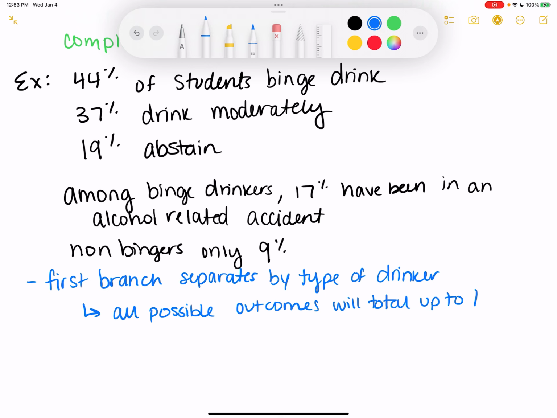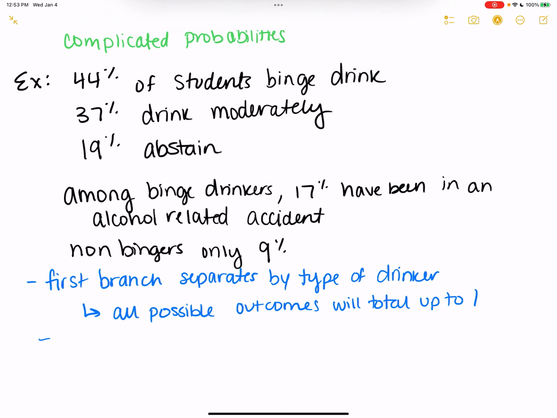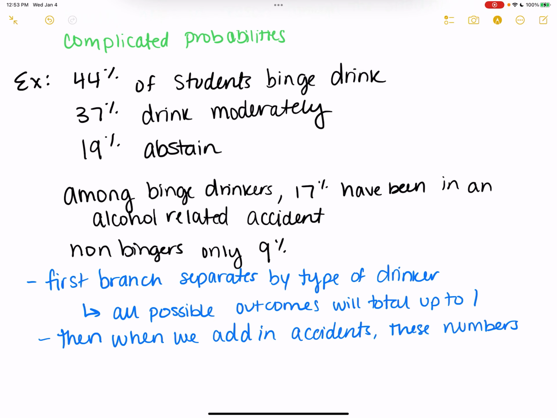So that means these percentages here should add up to equal 1, or 100%. Then, when we add in accidents, these numbers depend on drinking behavior.